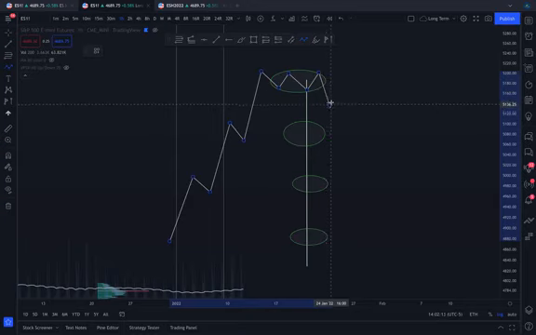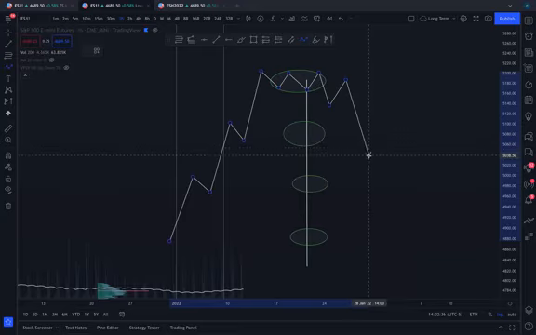A lot of times it'll come back up and retest it. And if it doesn't come back through after testing down here, and a lot of times it'll hit almost exactly the high volume node, the point of control of this volume cluster, what we really want to see is for it to break through a previous volume cluster.